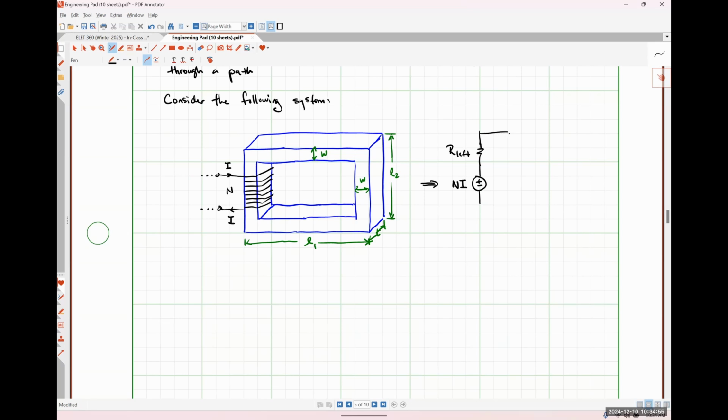Then I've got the top leg of our core. So I'm going to have R top. Then the right hand leg, R right. And lastly, the bottommost leg of our core, which will be R bottom. And that is my magnetic equivalent circuit for this physical system, okay?